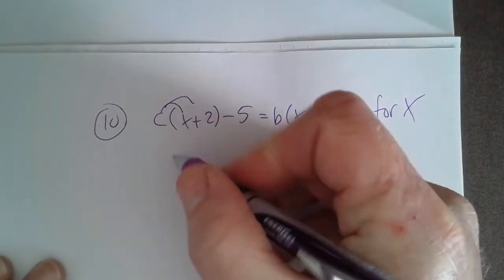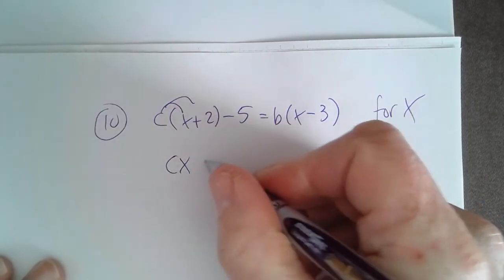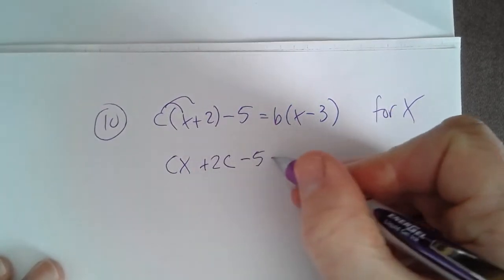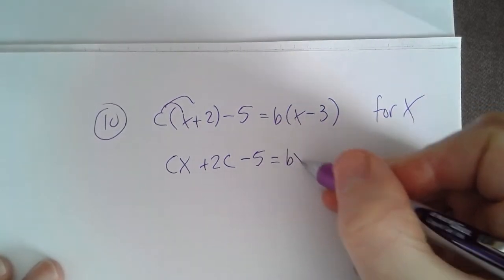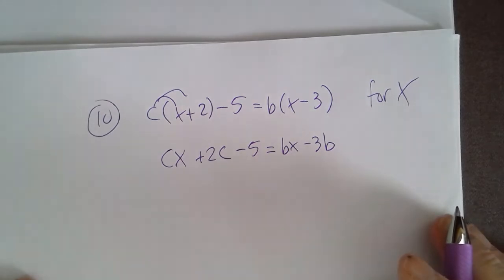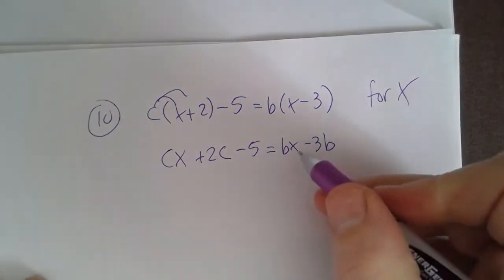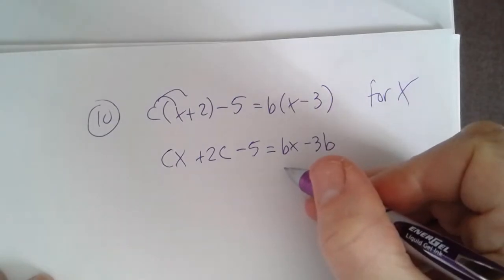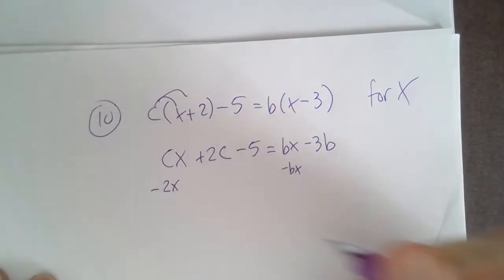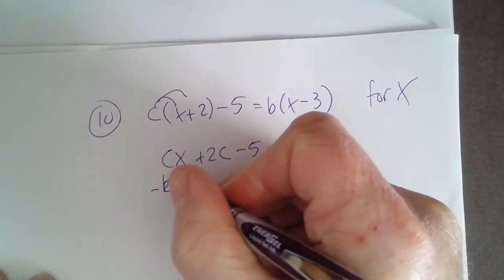So c times x is cx, c times 2 is 2c, minus 5 is equal to b times x is bx minus 3b. So we've got to get the x's on the same side and numbers on the other side. So I'm going to subtract over the bx, because I'm going to get the x's on the same side. Oops, bx, not 2x.